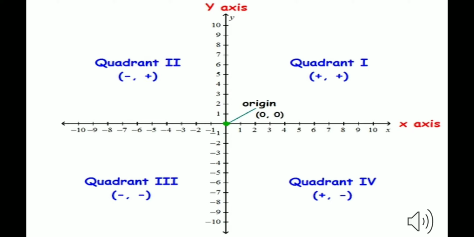paper into 4 parts. The first part or the first quadrant is known as the positive quadrant, where x is positive and y is positive. So the coordinate will be plus, comma, plus. As you know, the coordinates are always written in circular brackets.